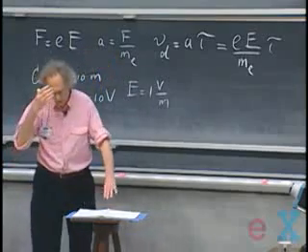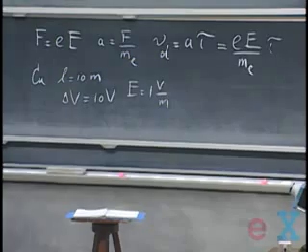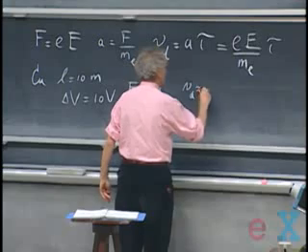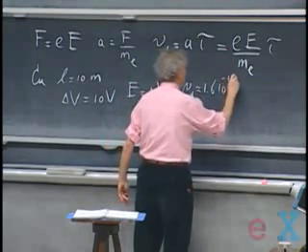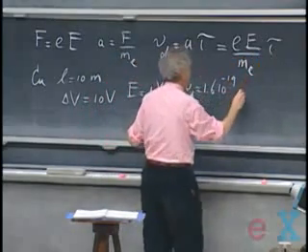And so I can calculate now for that specific case what the drift velocity would be. So the drift velocity of those free electrons would be the charge of the electron, which is 1.6 times 10 to the minus 19 Coulomb. The E field is 1, so I can forget about that.